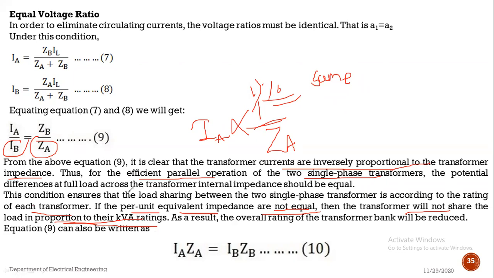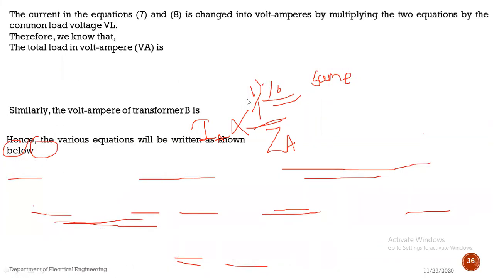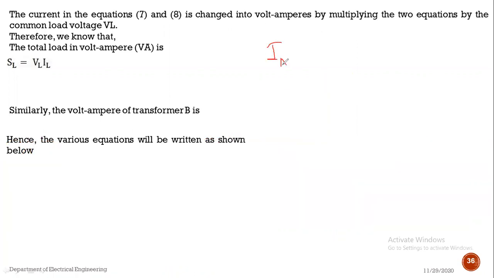Now this equation can be written in this form also, that is IAZA equals IBZB. Shifting ZB to one side and IA to the other, it is nothing but IAZA equals IBZB. For equations 7 and 8, the current IA equals the load current IL into the opposite transformer impedance divided by the sum of both transformer impedances.